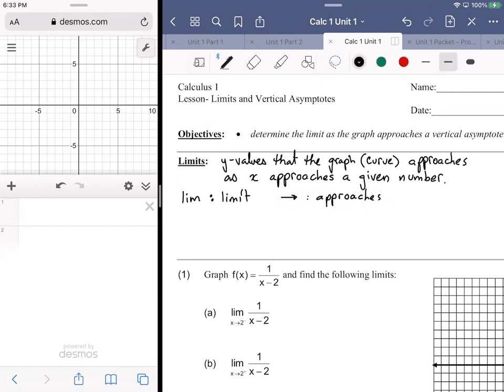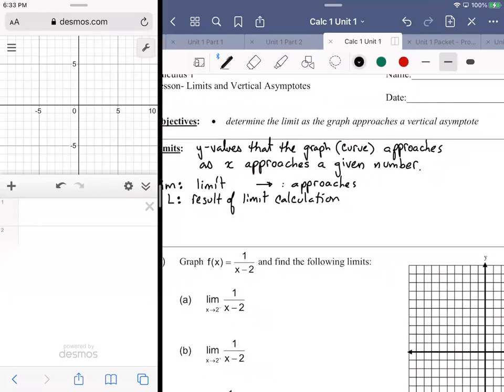So L means limit, but it's more specific than that. It's the result of a limit calculation. All right. And then we'll have some signage, right? So I'll get to that right now.